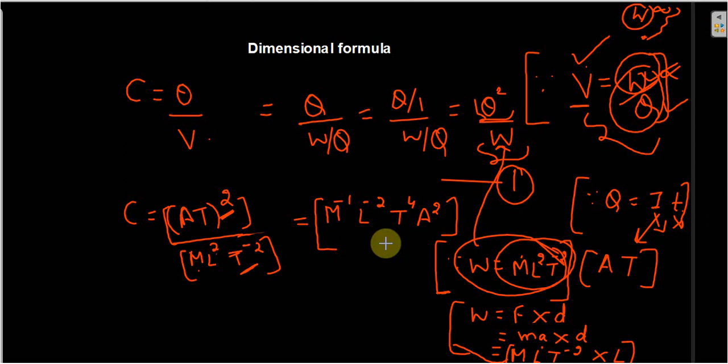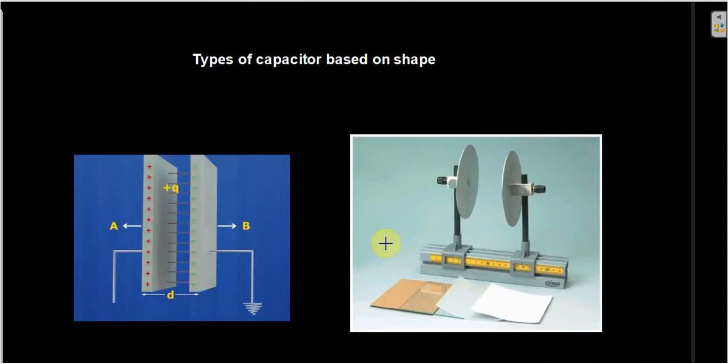So now next we will discuss the types of capacitor. We can divide capacitor in two types. First one is based on shape. In this case we have parallel plate capacitor.